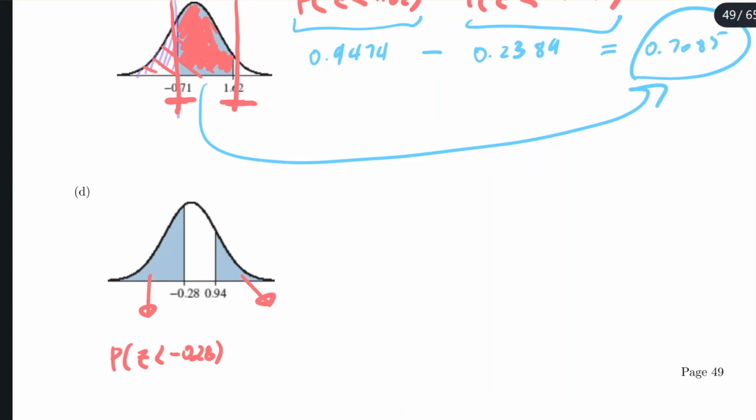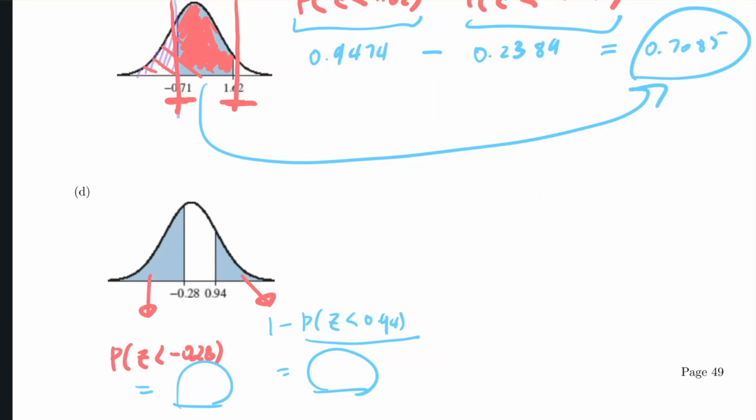So in order to find this one, what we have to do is 1 minus P less than 0.94. Right, so think of this as a two-step process. Find this one first, the left area. You get a number. And find this one, then do 1 minus, you get a number, and add these two. Whatever these two numbers are, add them. Okay? So pause the video and try.